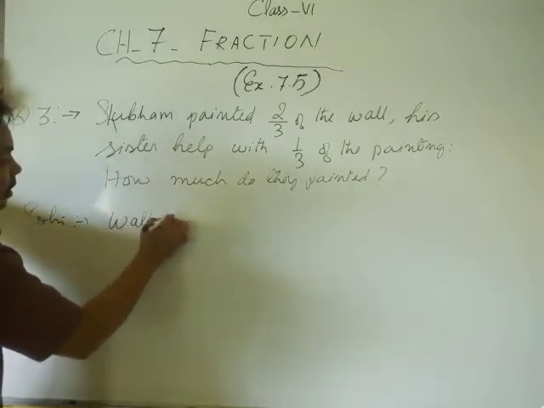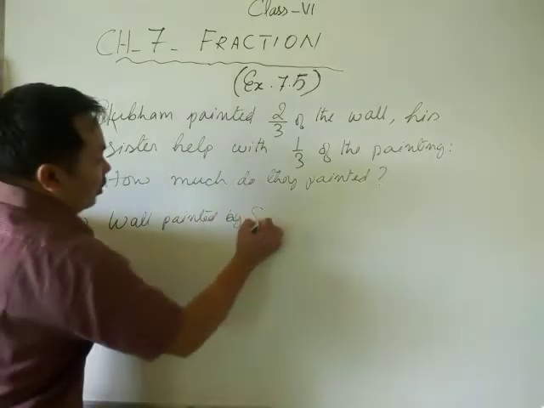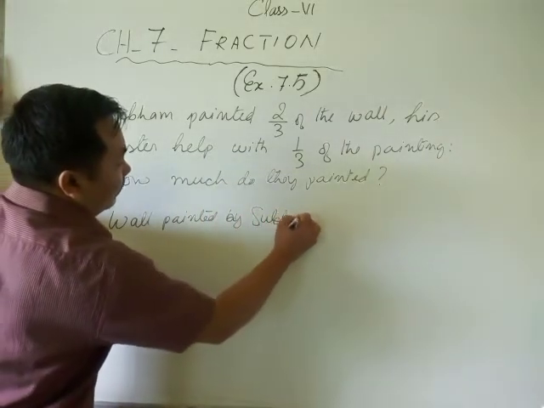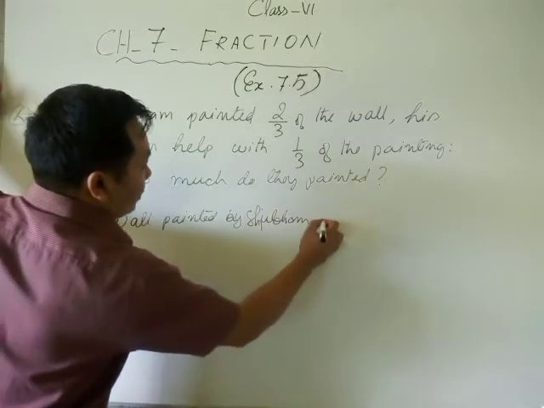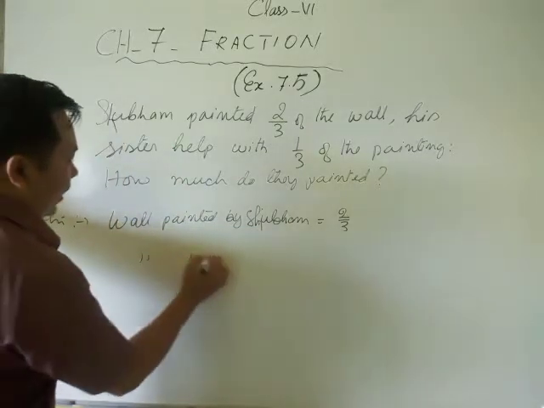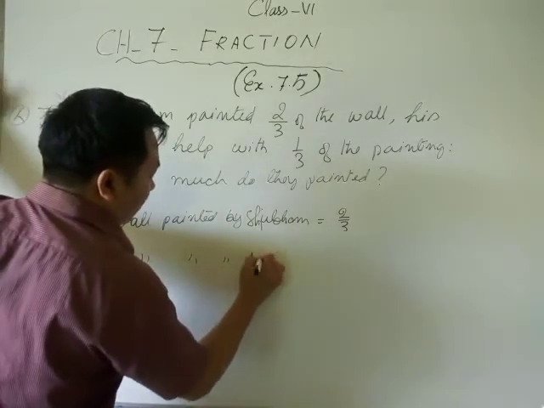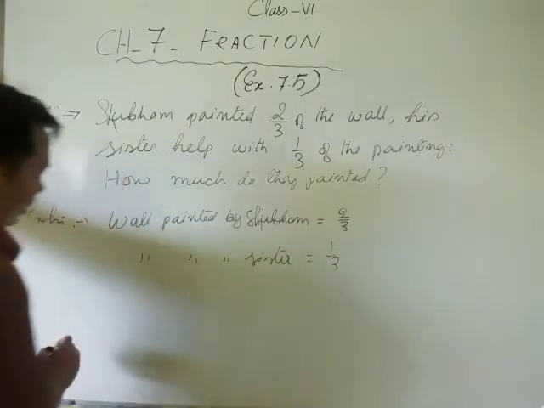Solution: the wall painted by Subham is equal to 2 by 3, and the wall painted by the sister is 1 by 3.